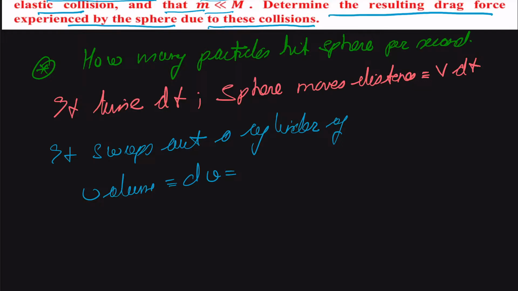So the area is pi r squared, and that will be v times dt.